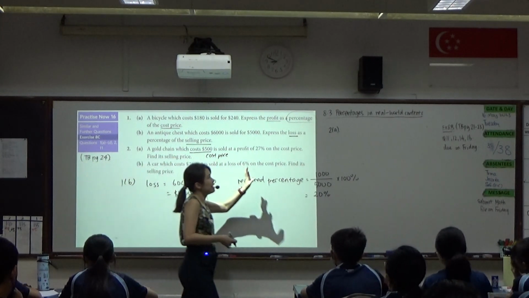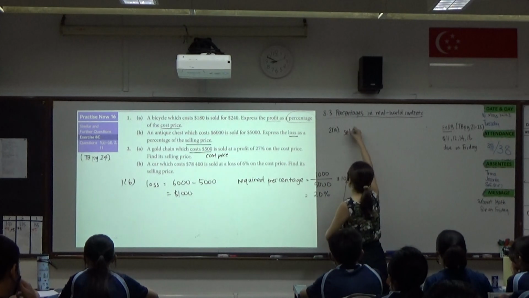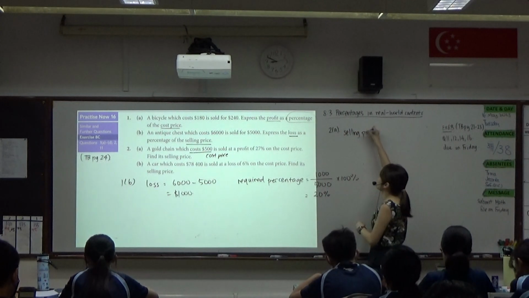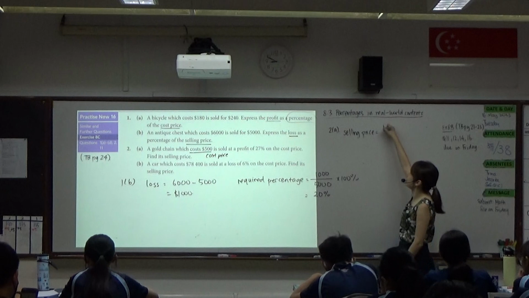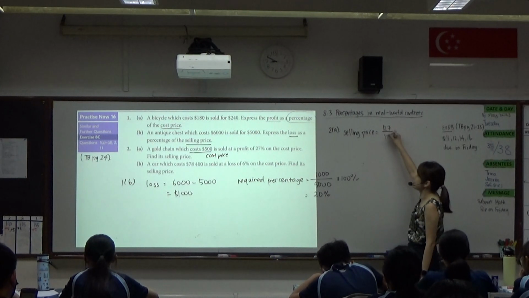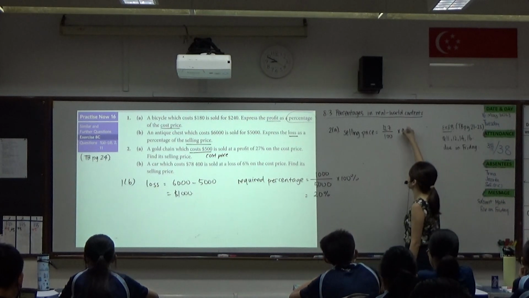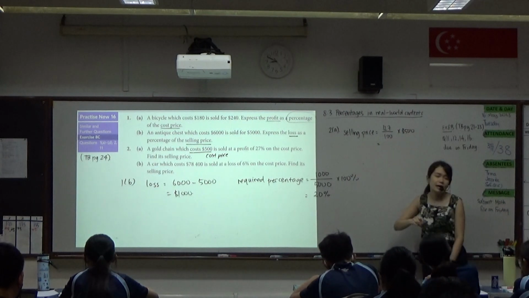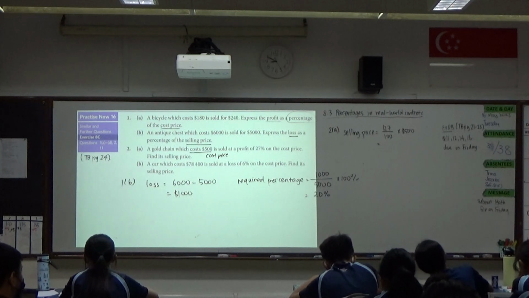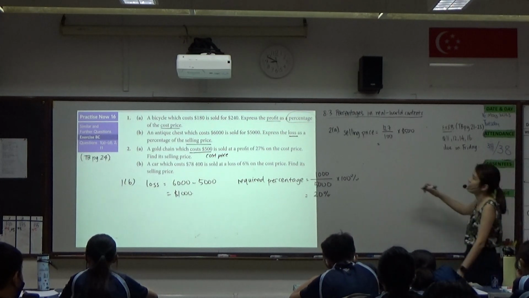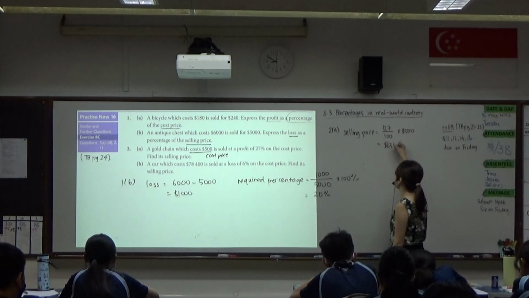To find our selling price, there are a few ways to present your answer. Either you do 127 over 100 times $500, and eventually get the answer of 635 after pressing your calculator.